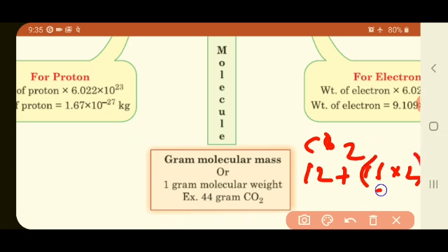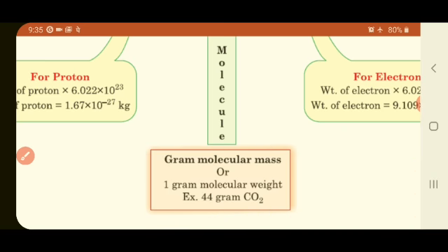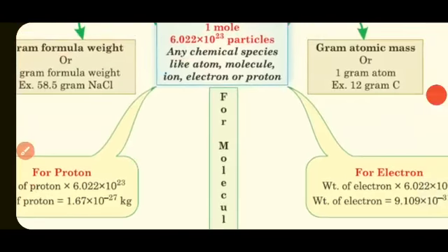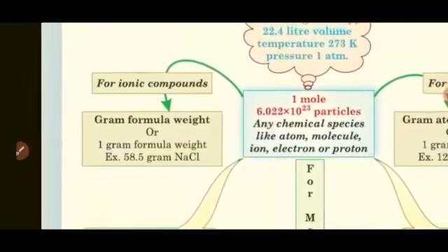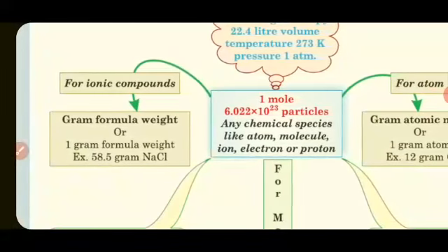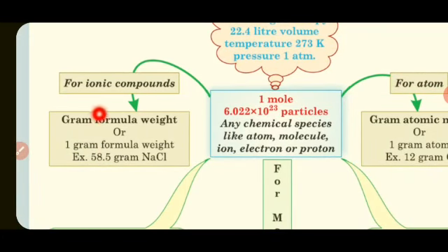So 16 twos are 32 plus 12, so the total will be 44. 44 gram of carbon dioxide is considered as 1 mole. Like that, for an ionic compound, its formula mass is considered. For example, 58.5 gram of NaCl, when we take it, is considered as 1 mole.